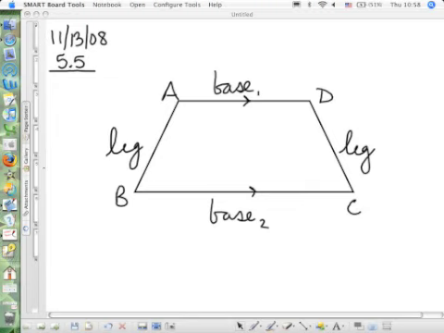So what does that mean? It has 4 sides. With exactly one pair of parallel sides.